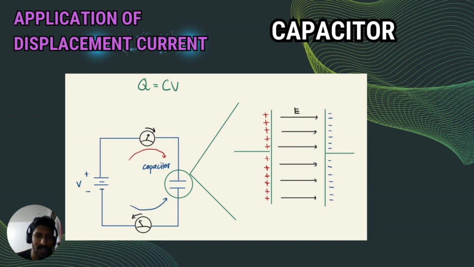If we look at the zoomed visual of this capacitor, this is the diagram that we can notice. The positive charge is accumulated at this end of the capacitor, while the negative charge is accumulated here. So what will happen when this happens? It will create an electric field line across the capacitor.